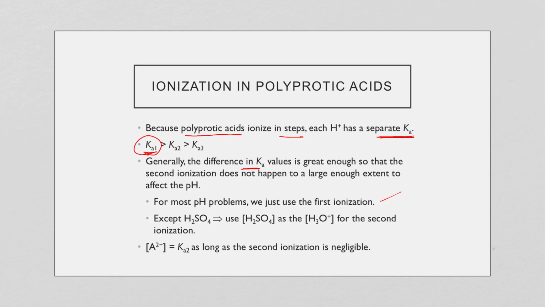Now, one notable exception to this is sulfuric acid, H2SO4. If we were to solve a problem with sulfuric acid, we do often need to consider more than one ionization sometimes.